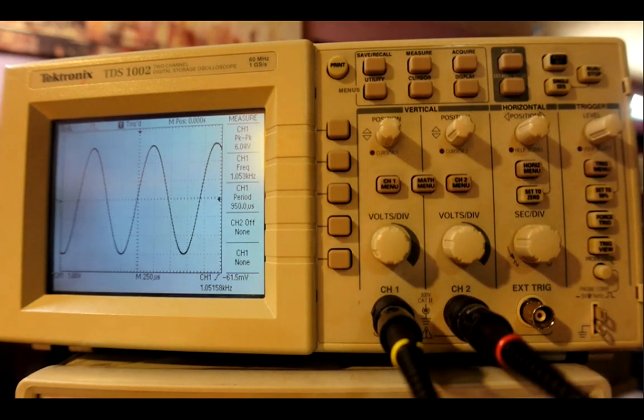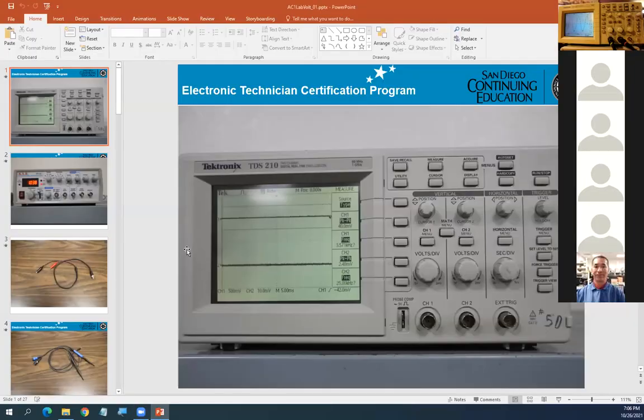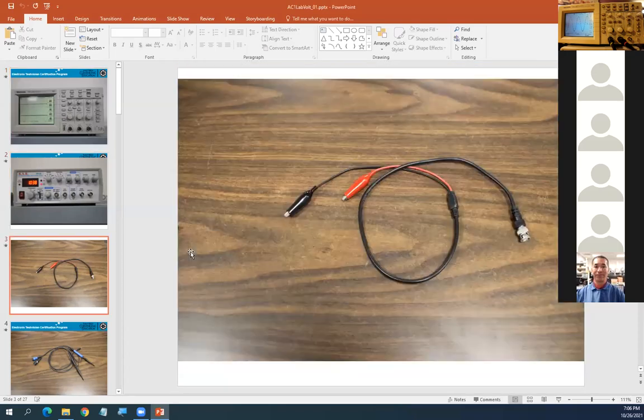Okay, now I want to quickly go to here. Okay, I want to share that. Next week we'll be going to that one here.